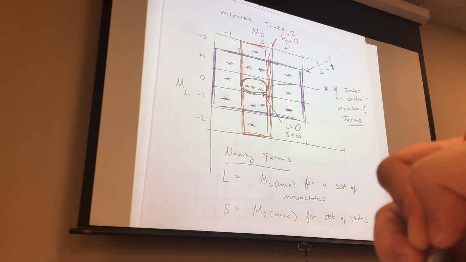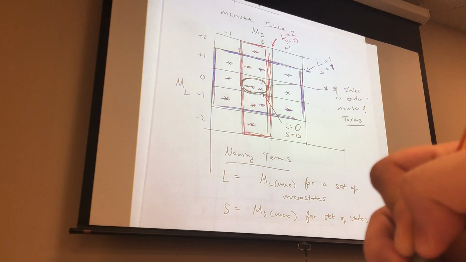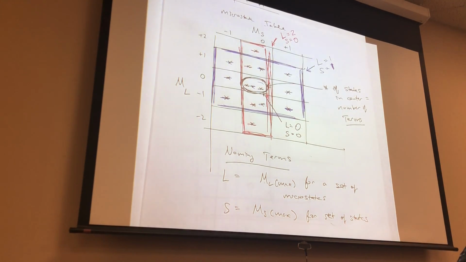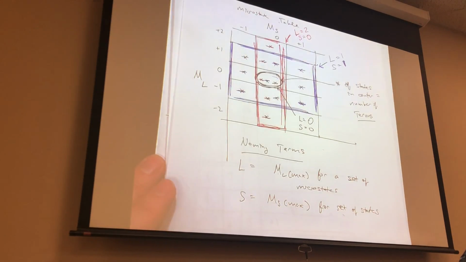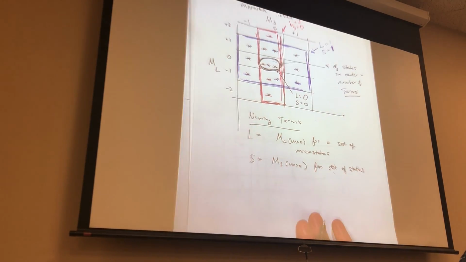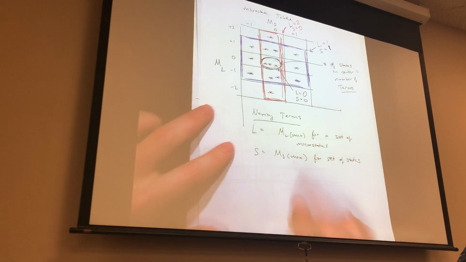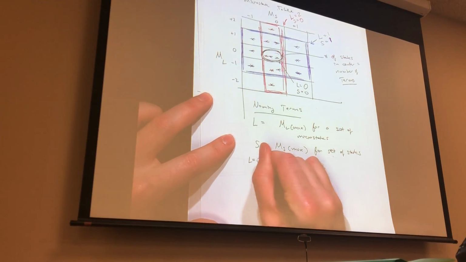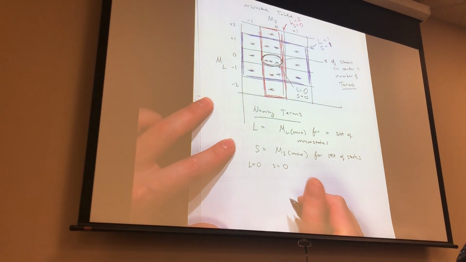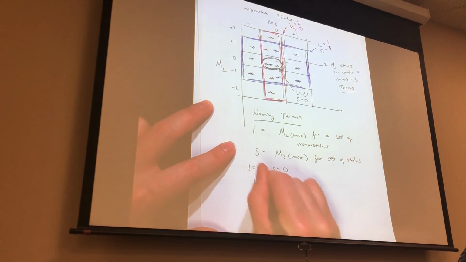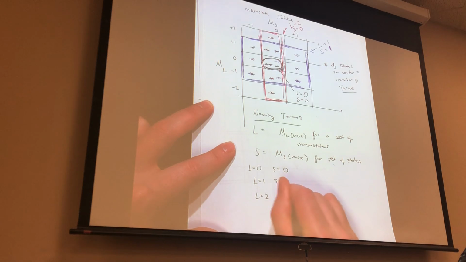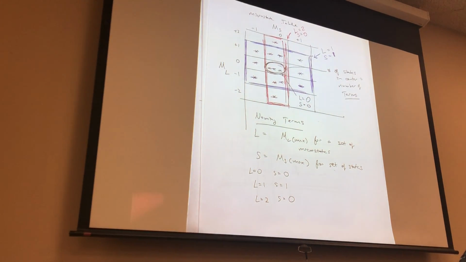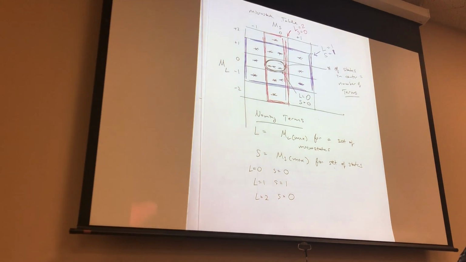S is the range of spin values that couple in. So that's the simplest case. All right, so we have 3 terms that we've defined now in this example. I'm just going to write them down here. That's one of them, the middle box. The next one is L equals 1, S equals 1, and then finally L equals 2, S equals 0.